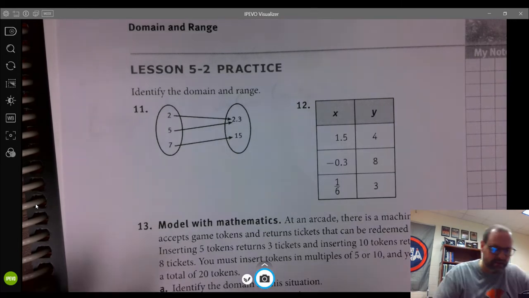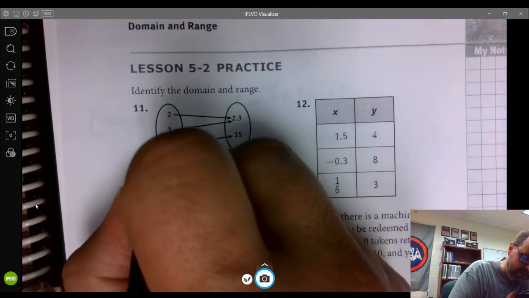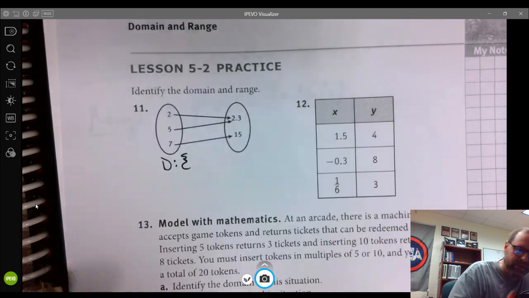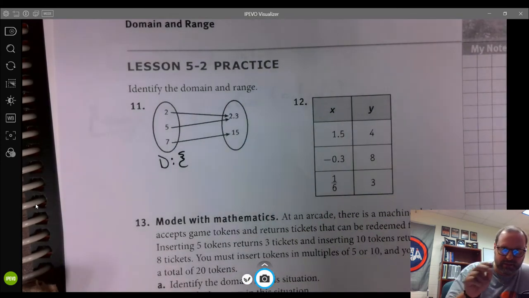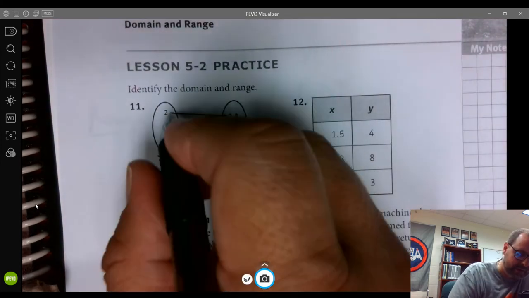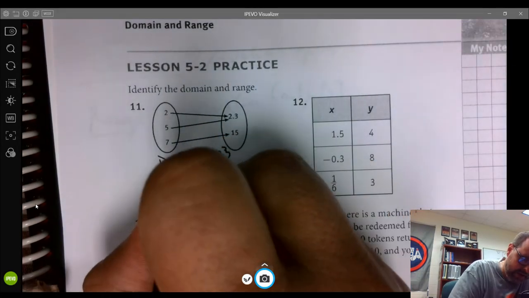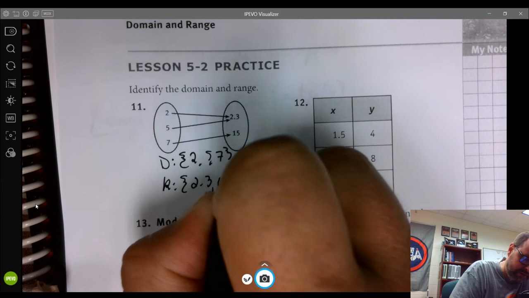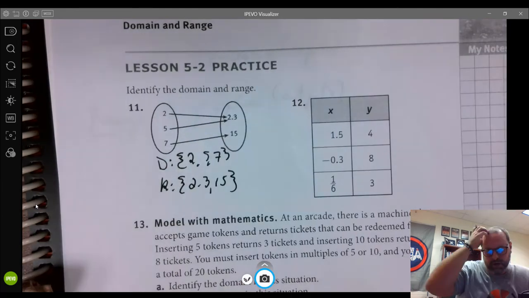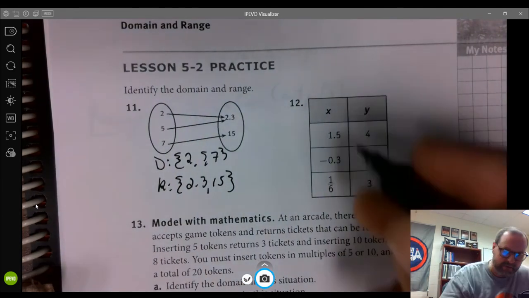So you came back from pausing. The domain, I usually do something like this, D colon, and then the squigglies, it doesn't have to be perfect, is 2, 5, and 7. My range then is 2.3 and 15, because those are the outputs based on the mapping.